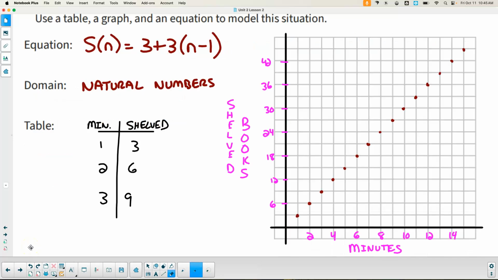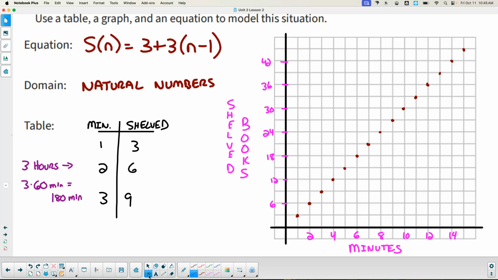Number 3 looks like this, but number 3 was also asking how many, so now this equation is in minutes, how many books can she shelve in 3 hours? Well, that's different than 3 minutes, because 3 hours is 3 times 60 minutes is 180 minutes.